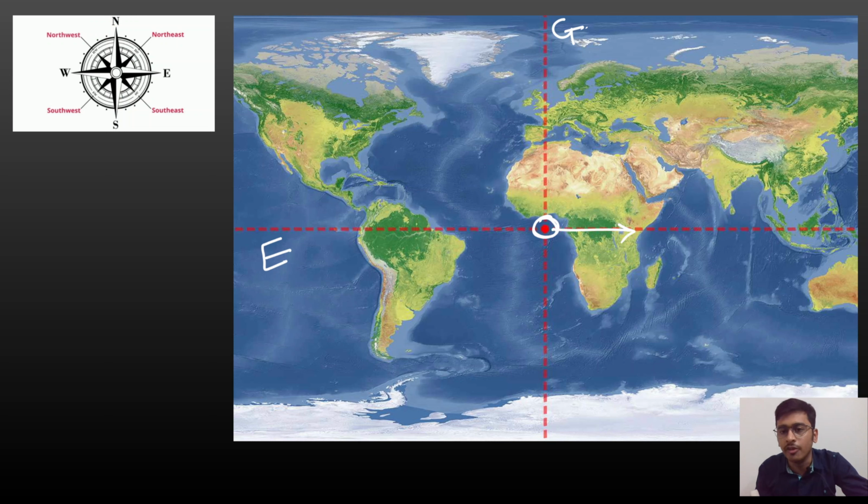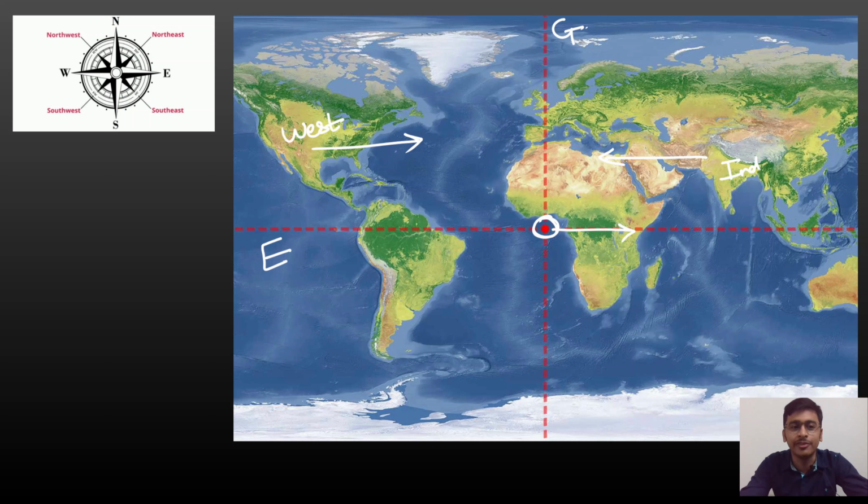So everything to this side is east, so United States is a western country, correct? So this is west because this is India, correct? So it's in that direction. So it's a western country. Okay. Japan is not a western country for United States. Japan is an eastern country because this is the reference point. Are you getting what I'm trying to say?